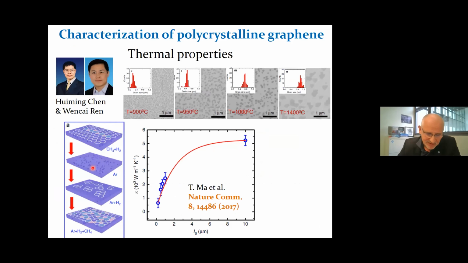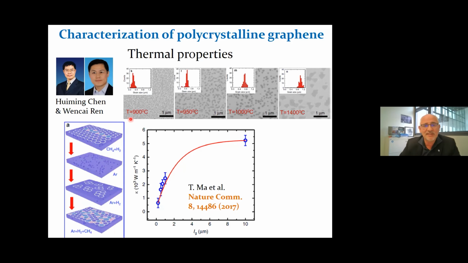Another very interesting work, by the groups of Wencai Ren and Yumin Sheng, is to investigate the thermal property of polycrystalline graphene by varying the grain size. So they introduce a very tricky, very nice growth sequence in which they start with a conventional, regular polycrystalline graphene, and then by some treatment with argon and hydrogen, they could really tune the average grain size down to the nanometer scale.